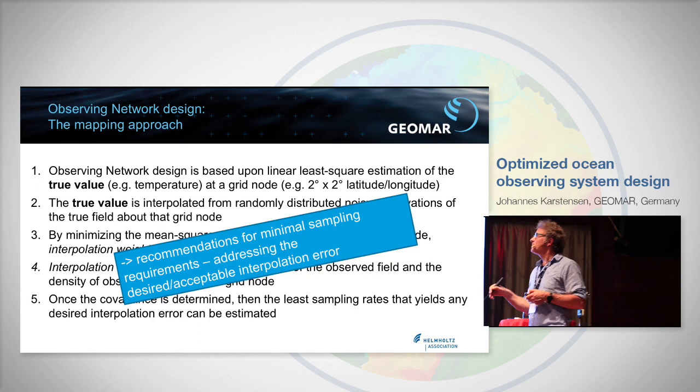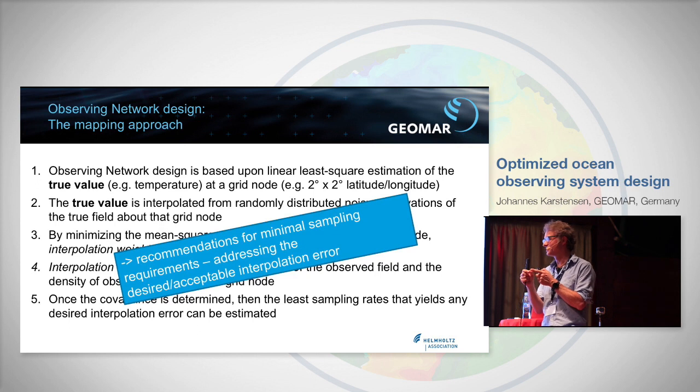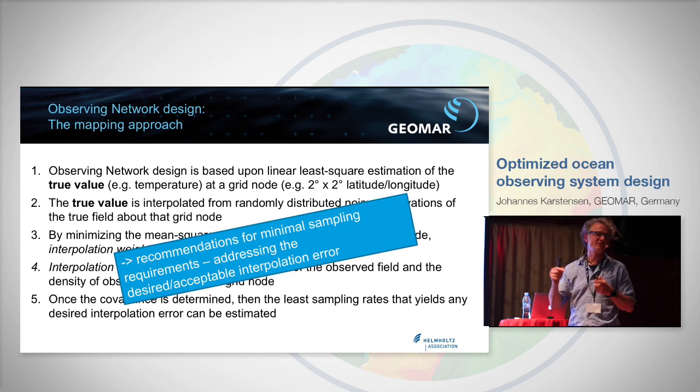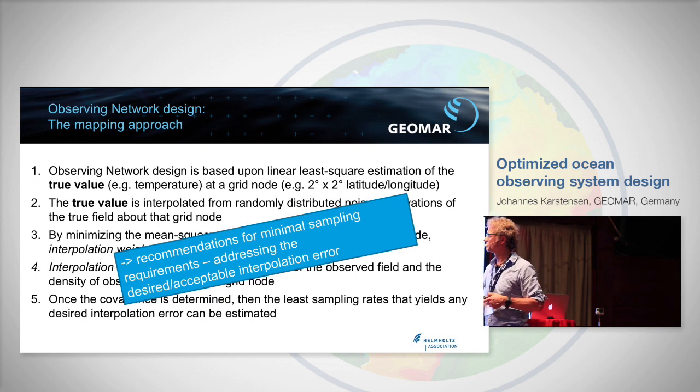So if you now minimize the mean squares of this interpolation error at that grid node, what you will get is interpolation weights to that value. For example, if there are many, many points very close to each other, and then 2 rather far, you need to weight the importance of these points relative to representing the whole 2 by 2 degree square.